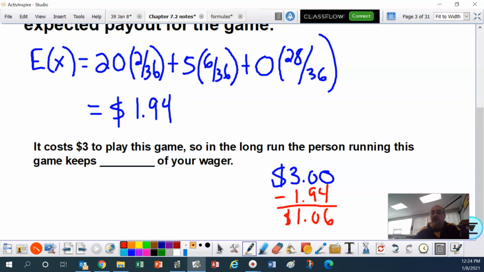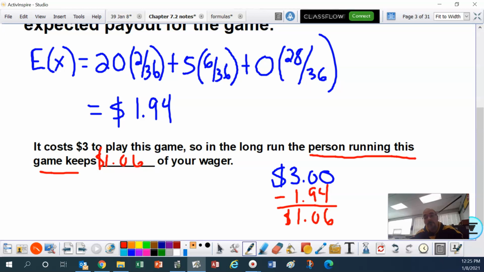$1.06. That means, ladies and gentlemen, that the person running this game keeps $1.06 in the long run. Okay, it's guaranteed. In the long run, this person, game of chance, fair game, they're going to keep $1.06 of every $3 given to them.